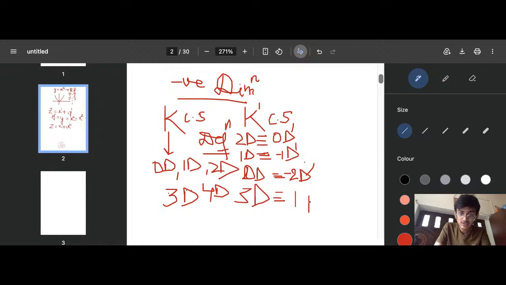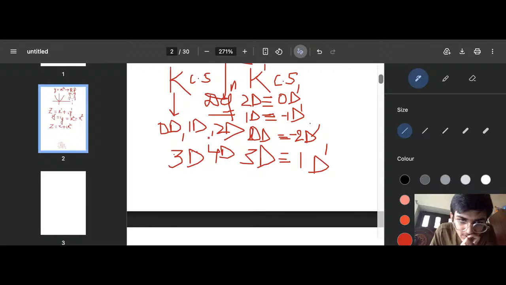If you compare with the K coordinate system, K and K dash we are discussing, the 0 dimension of K dash starts when the K coordinate system reaches the 2D system.